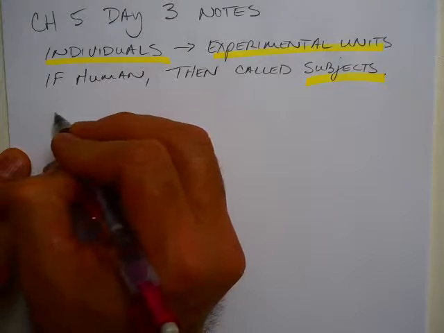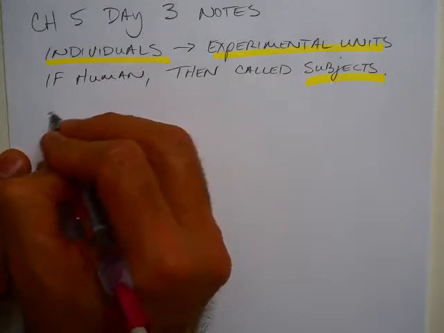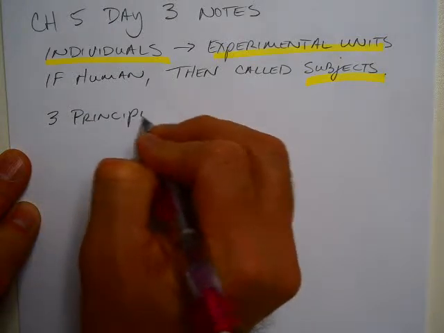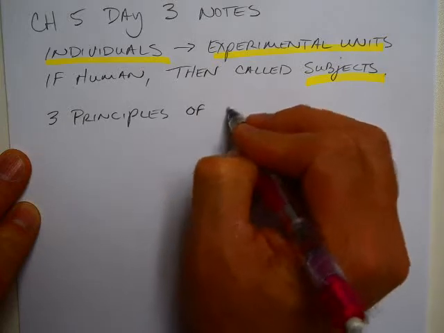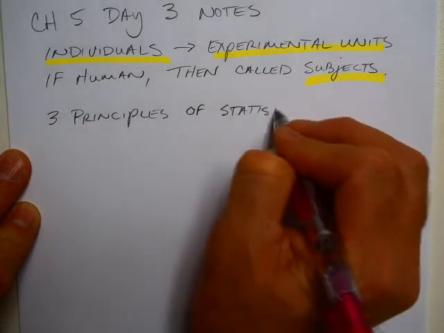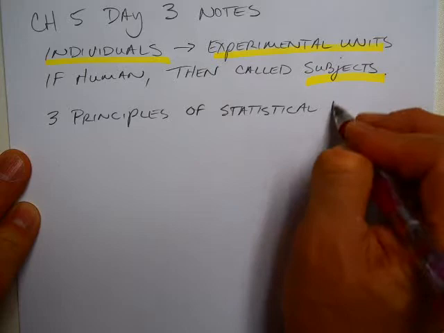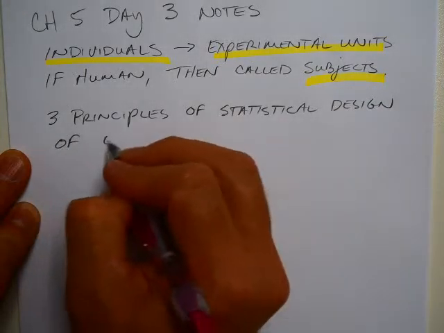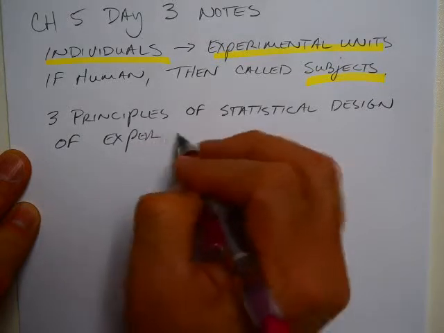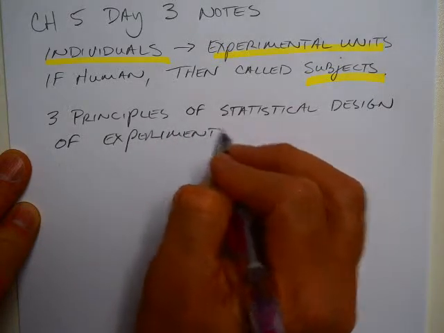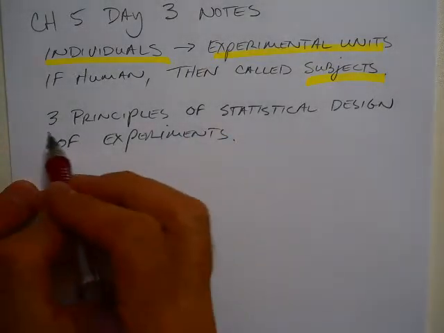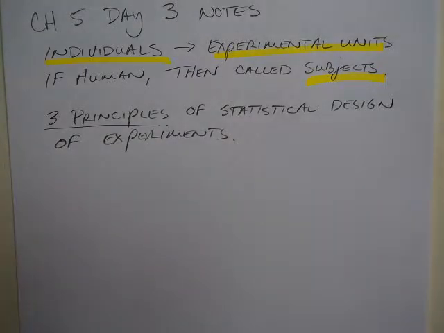Next, we're going to look at 3 principles of statistical design of experiments. When they're principles, that usually means they're pretty important. The first one being control.